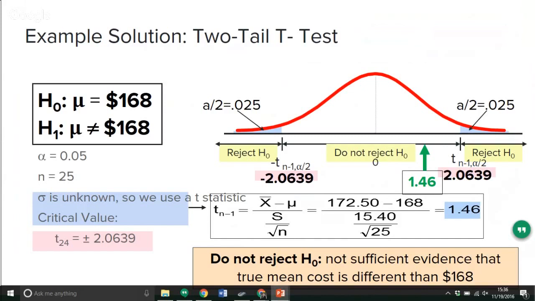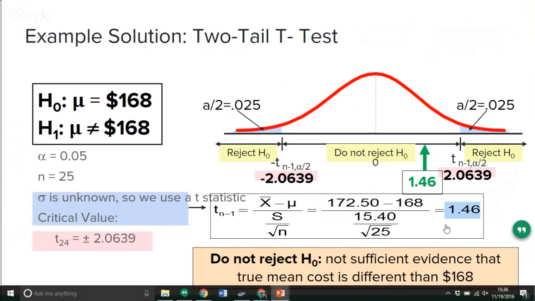In essence, we can plug everything in: the sample mean, which was 172.50; the hypothesized population mean, which was 168; the sample standard deviation, which was 15.40; and we sampled 25 rooms, which was our n, so the square root of 25.